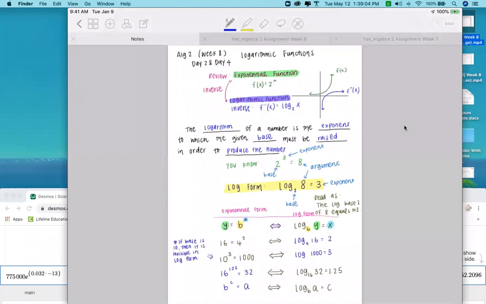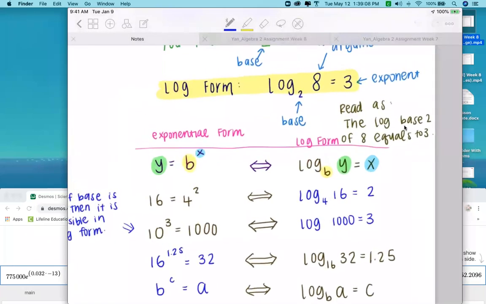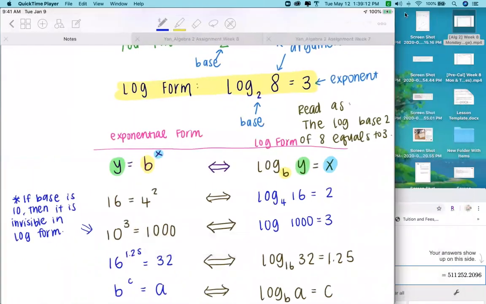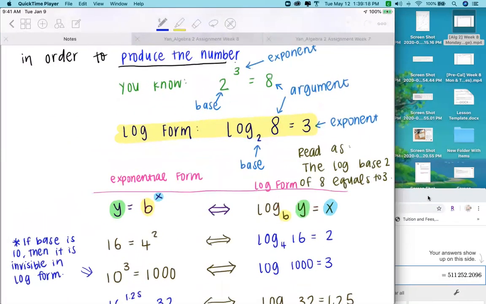My note is pretty long, but right here, we're dealing with log right now. So log, it's like an inverse of exponential. If you have something raised to a certain power and it equals 8 like this, I can rewrite this in log form.